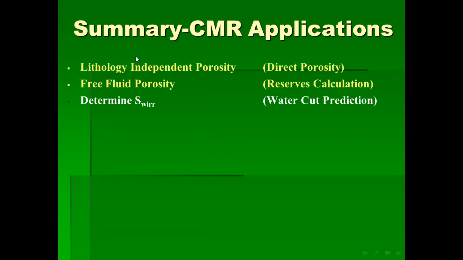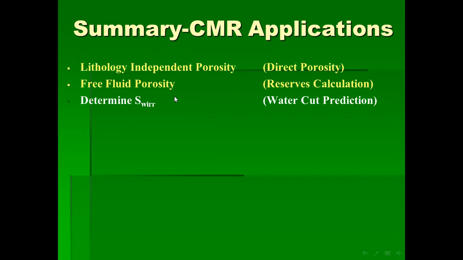And as a summary of the CMR applications, first, for obtaining lithology independent porosity, and this is used for evaluation of direct porosity without the need of correction for lithology, as done by neutron or other conventional logging tools which need some correction for lithology. The second use is for estimation of free fluid porosity or effective porosity, and this is used for reserve calculation.